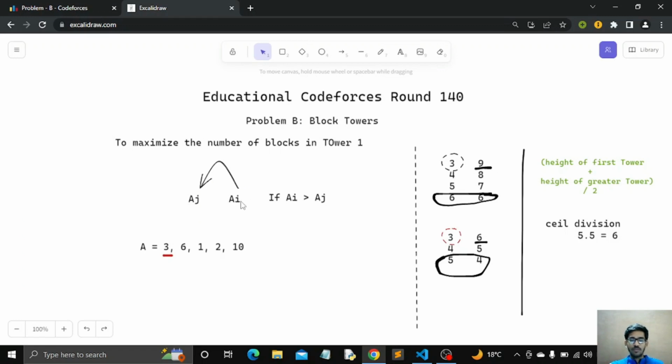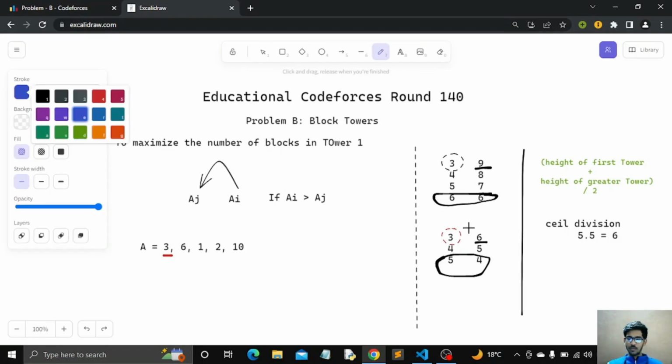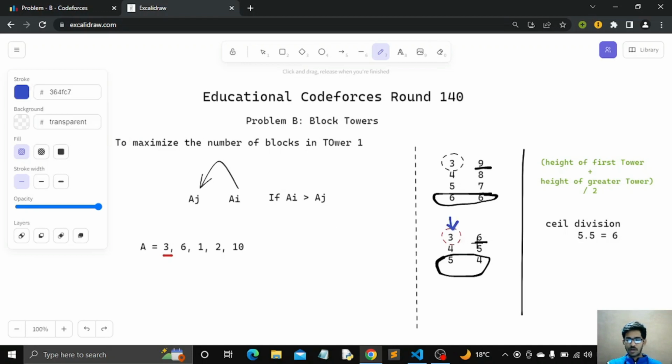Now we need to find a way to perform these moves such that the number of blocks in tower 1 is maximized. Let us consider that the height of the first tower is 3, and we take some other tower which has height 6.